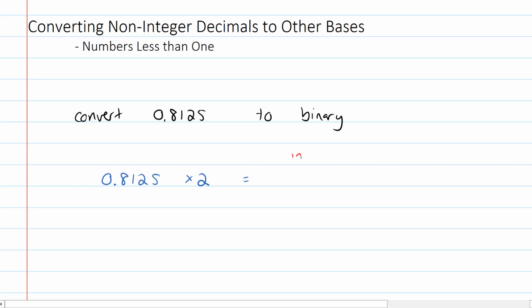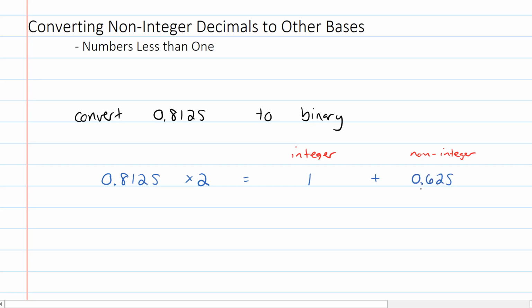We're going to write first separately the integer part, the part to the left of the decimal point. And then we're going to write the non-integer part over here. We're still in the base 10 system right now, so I suppose you could call that the decimal part. It's 1.625 on your calculator, and we're going to write that as 1 plus 0.625.